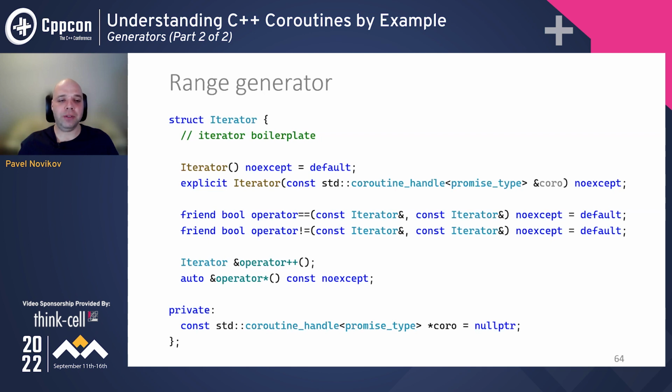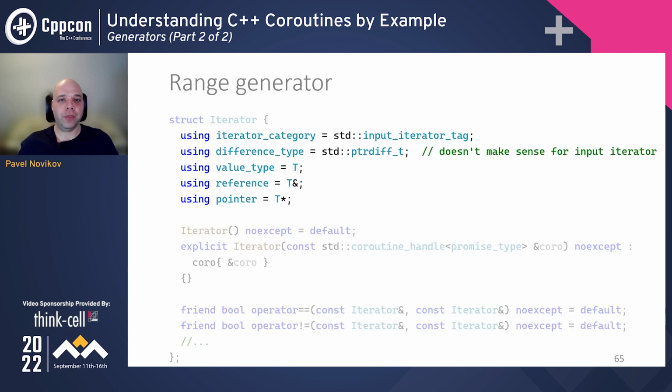And in the private section, we have a pointer to a coroutine handle. So let's start from the beginning. This is the boring boilerplate. We have to define all these types, including the difference type, which kind of doesn't make sense for input iterators. By the way, this iterator is an input iterator.